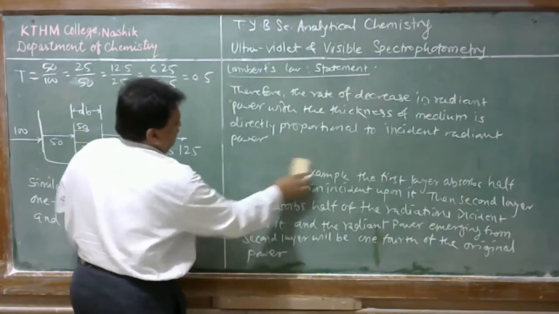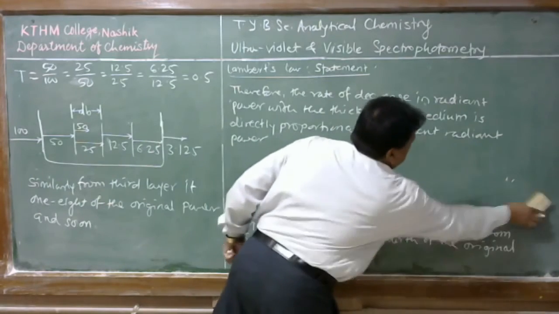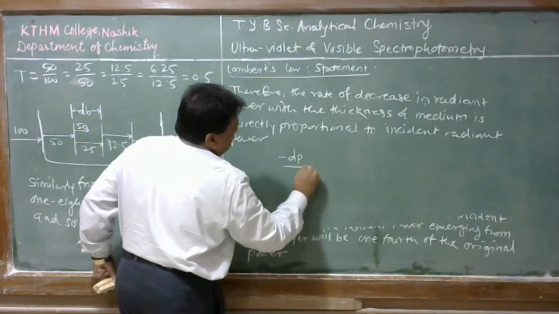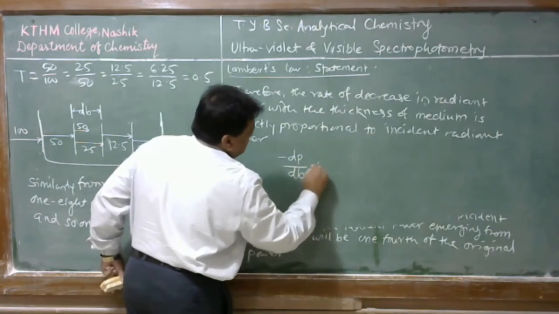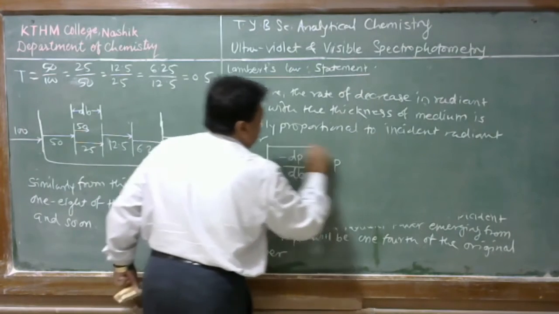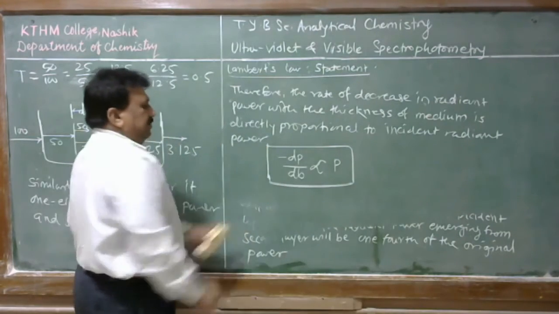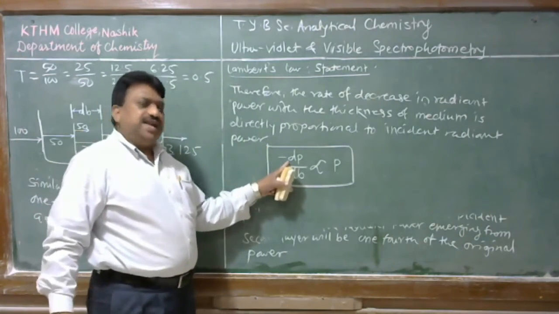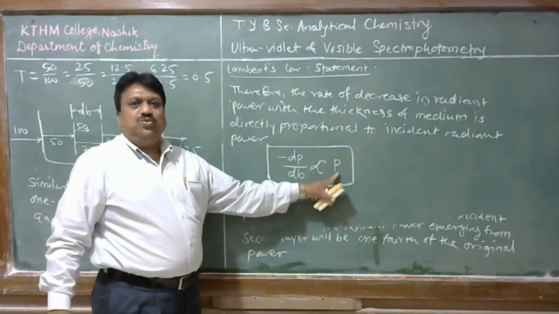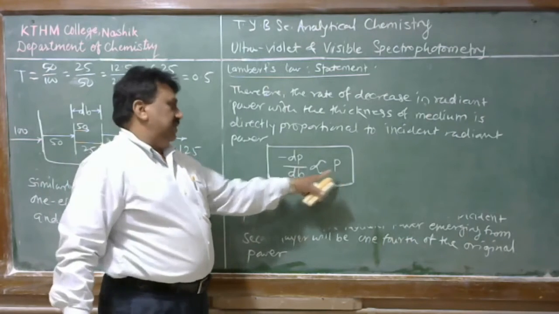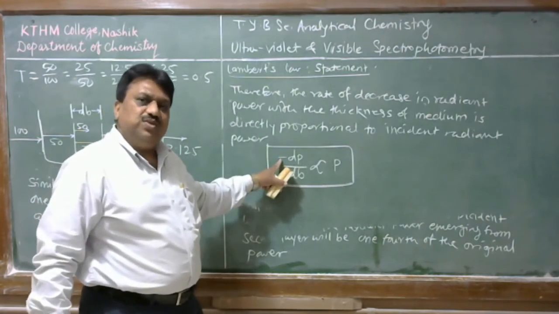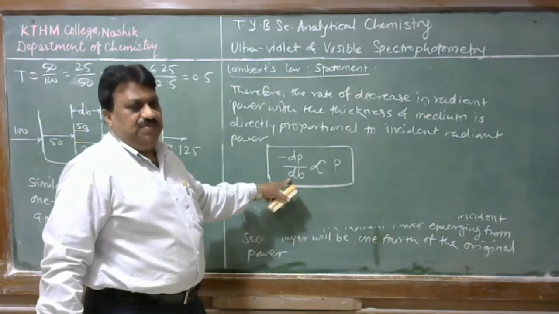Mathematically, this statement may be written like this: minus dP by db is directly proportional to P. Here dP by db, that is the rate of change in radiant power with the thickness, is directly proportional to the incident radiant power. Here the negative sign indicates that radiant power decreases with the thickness of the medium.